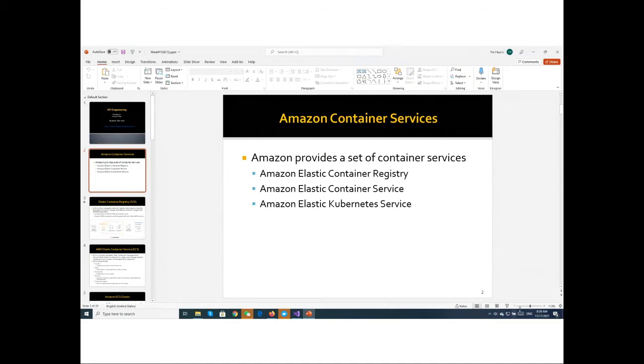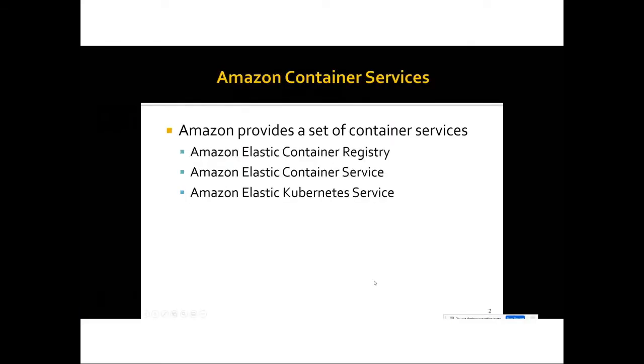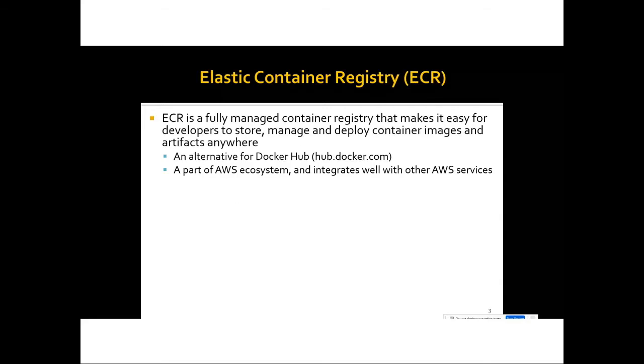Amazon provides a set of container services: one is Elastic Container Registry, another is Elastic Container Service, and the third is Elastic Kubernetes Service. Today I will show you how we can use ECR and ECS, and in week 14 we will very briefly talk about Kubernetes.